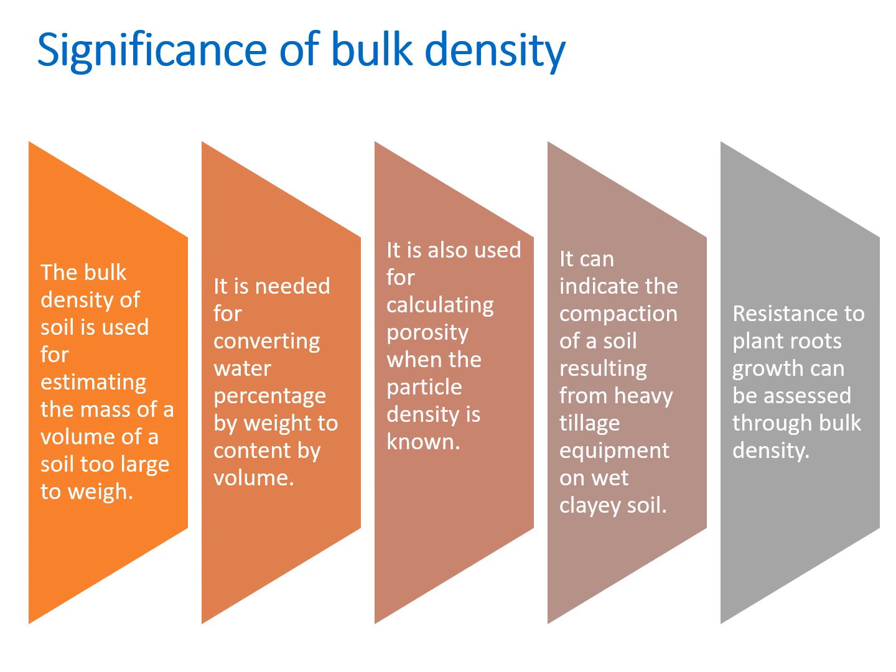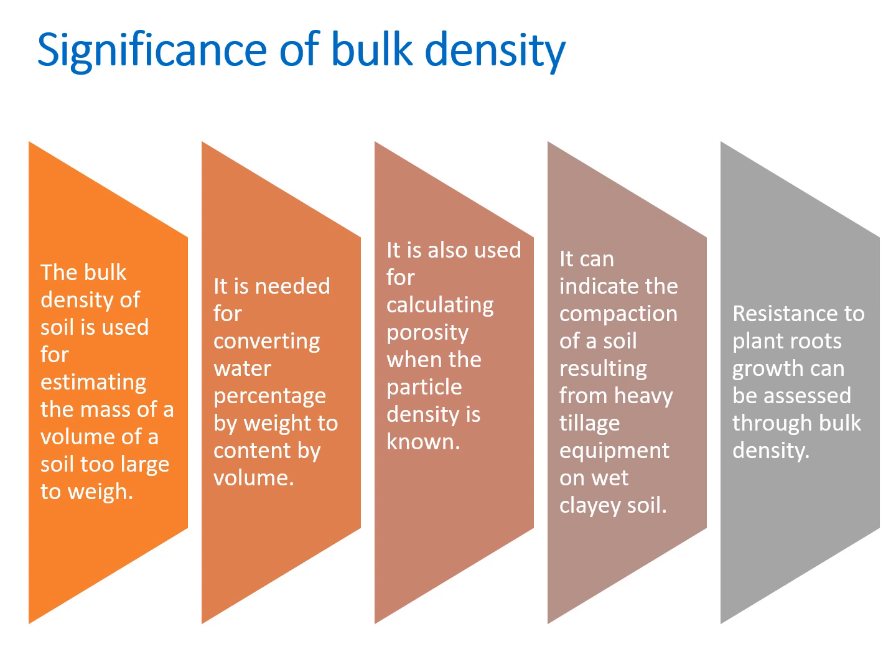It is needed for converting water percentage by weight to content by volume. Generally the water percentage is calculated on a weight basis. We take the soil, we saturate it, and we calculate the water percentage.